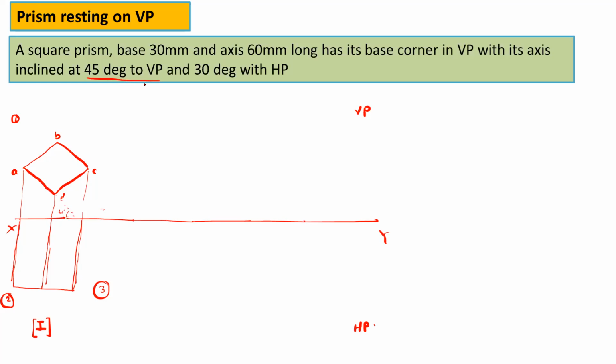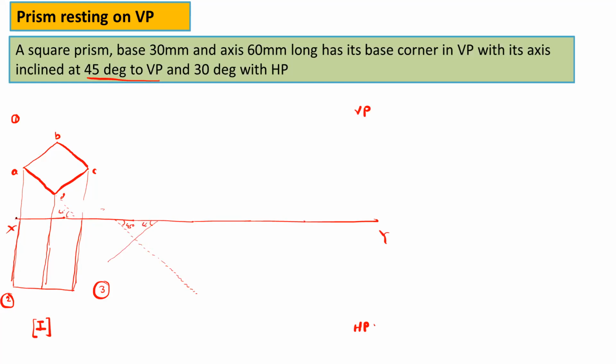And the inclination with the horizontal plane is visible in the front view. Therefore we will rotate this top view. So draw one line at 45 degrees. This is just a reference line. This will represent the axis, or you can draw the line like this. This is also at 45 degrees.